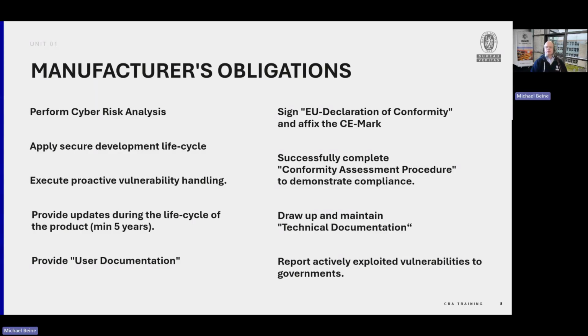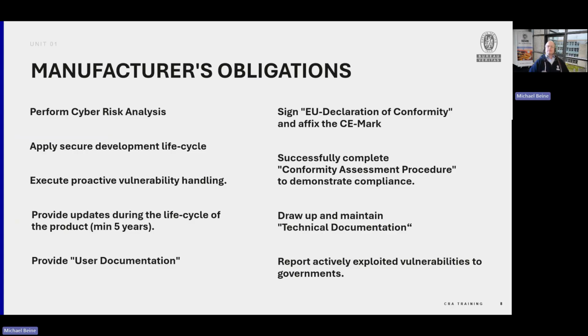It is something that the manufacturer needs to have available and needs to give to authorities to verify. And as I said, in September this year, there is a reporting obligation of actively exploited vulnerabilities. So this gives an overview of the obligations and activities for manufacturers.